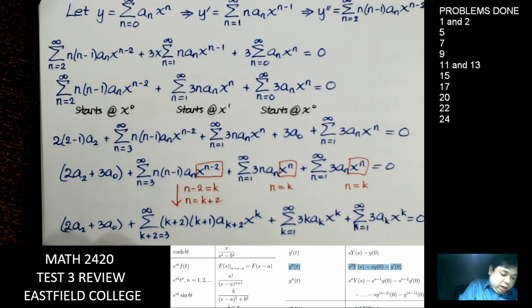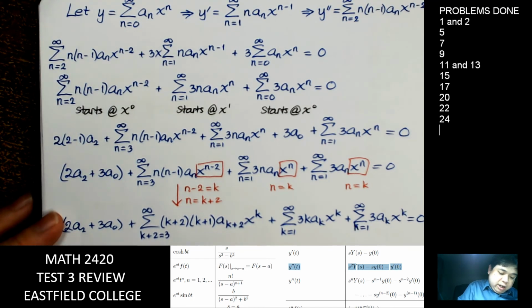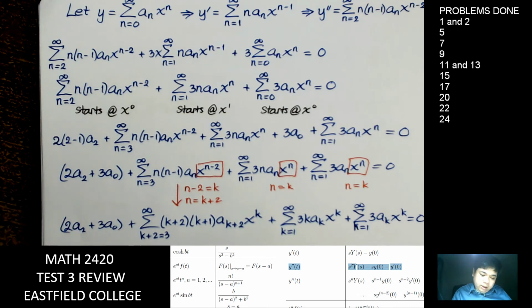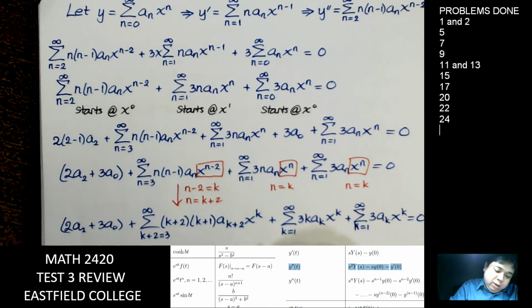So we have 2a2 plus 3a naught plus the summation of k equal to 1 to infinity of (k plus 2)(k plus 1)a_{k+2}, and then we have 3k a_k, 3a_k, x to the k equal to 0.